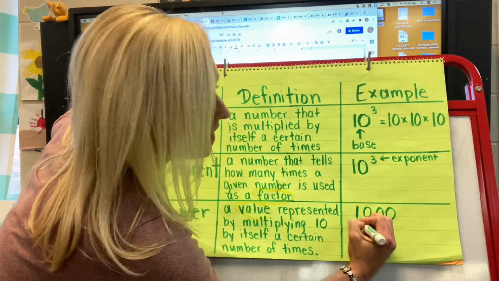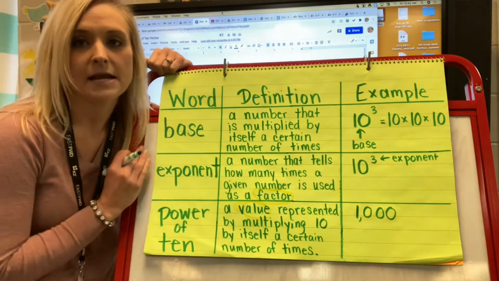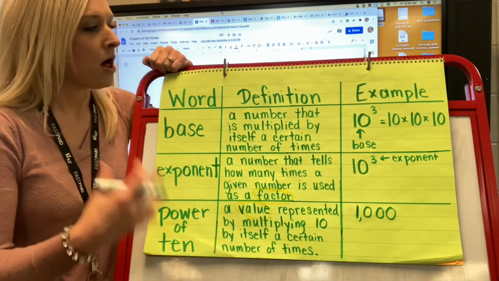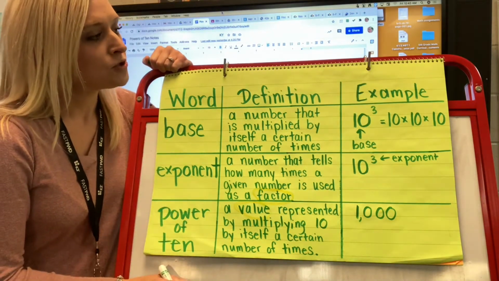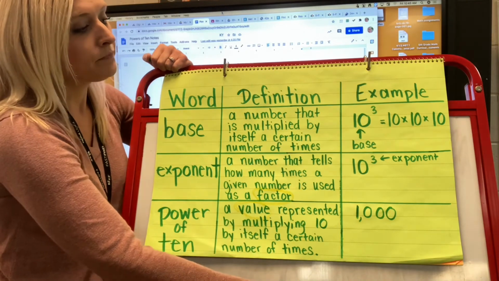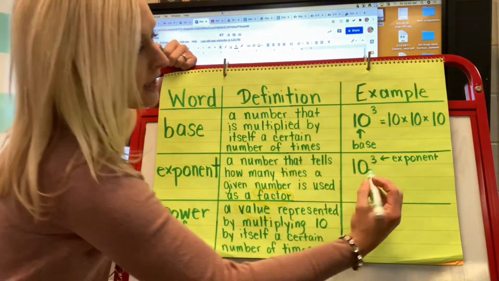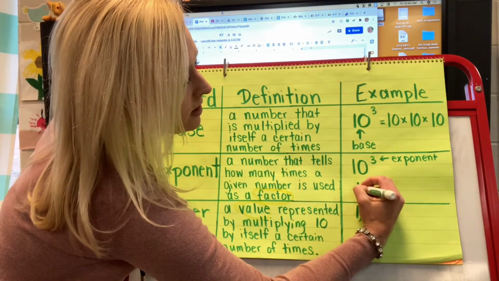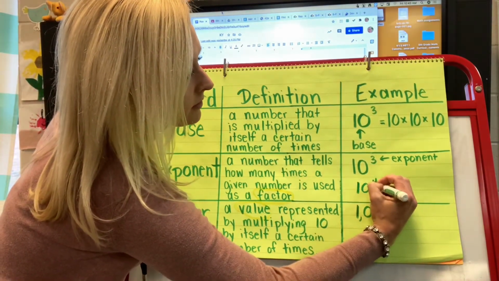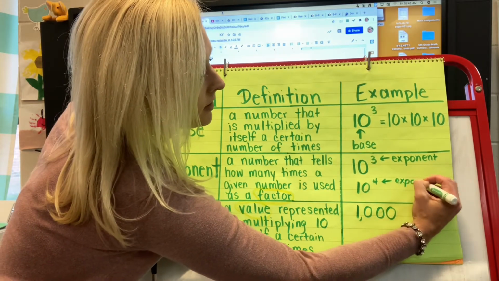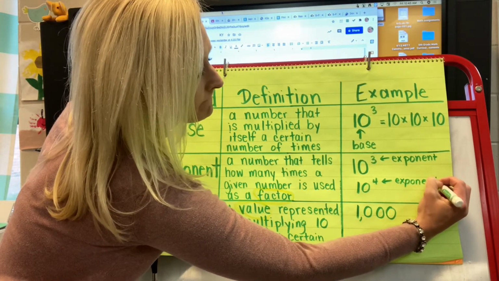There are lots of powers of 10. In fact, there's an infinite amount of powers of 10 because numbers never end. We can always get a larger place value. So let's do some other examples of some powers of 10. Okay, so we could also have 10 to the fourth power. The 4 is the exponent, but the 10 is still the base.